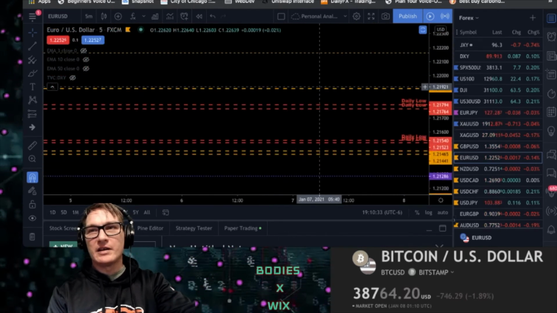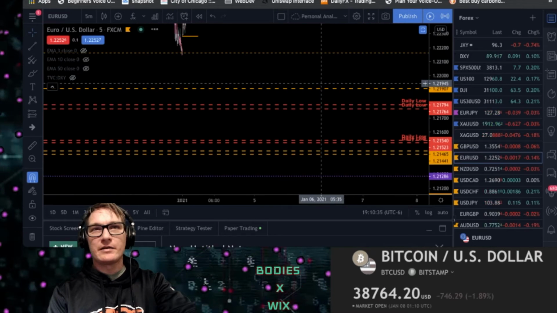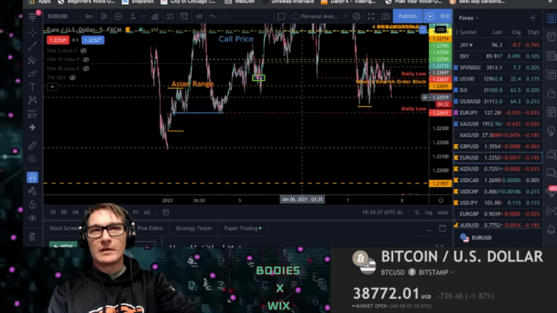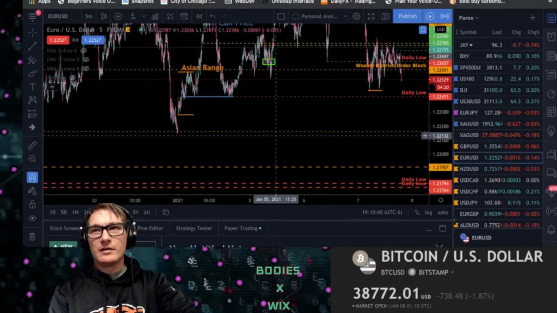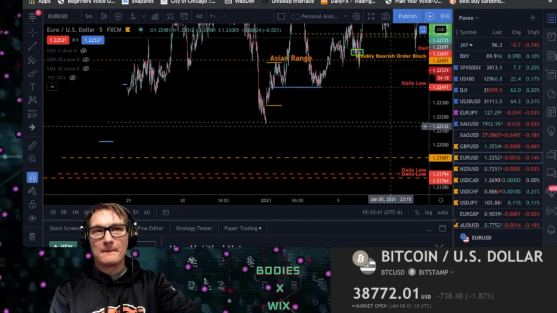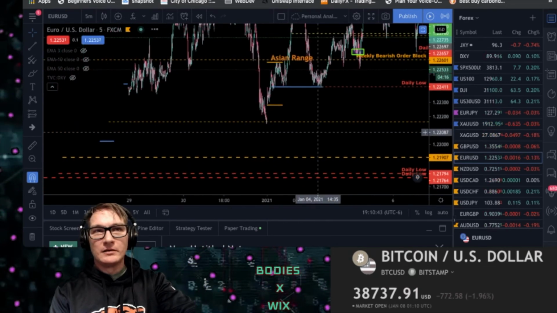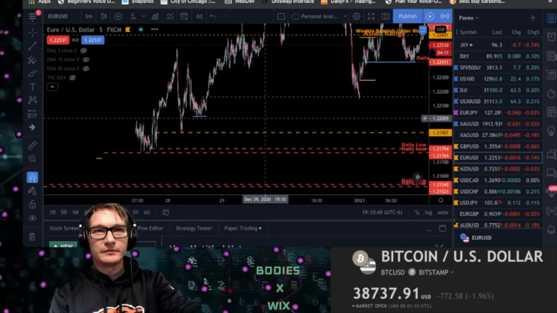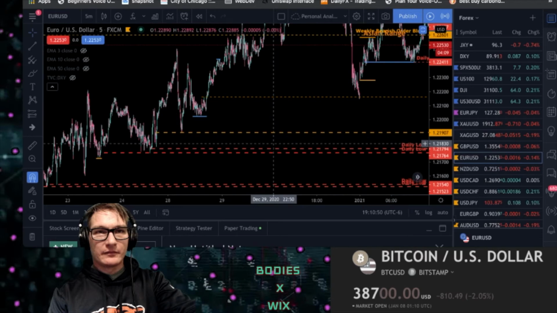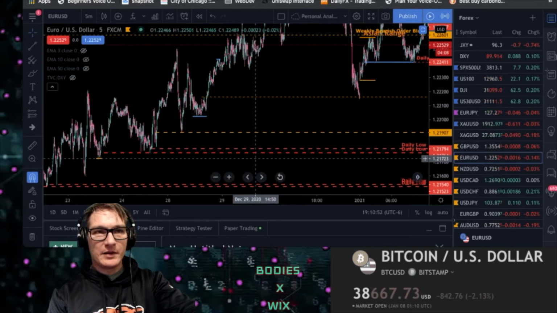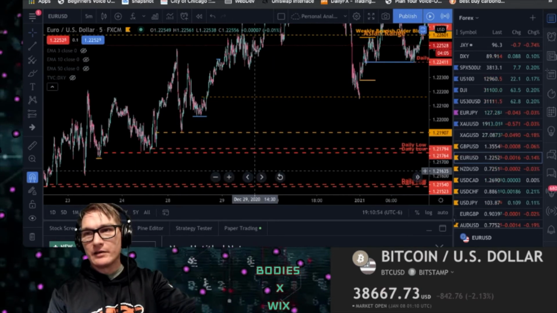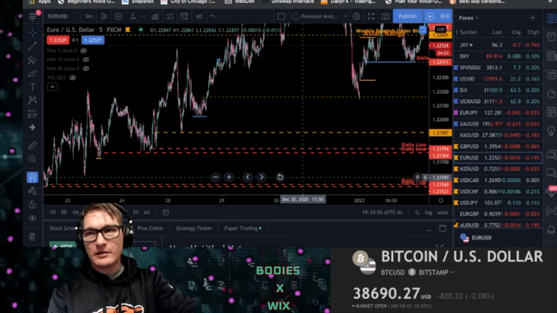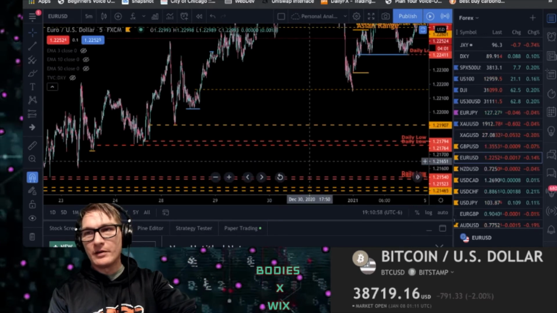Lows, we could probably be seeing it reach down to these daily lows, probably below this low here. And here you have some equal lows. Here you have some equal lows. You could see it get down to 1.26 or something, or 1.216.